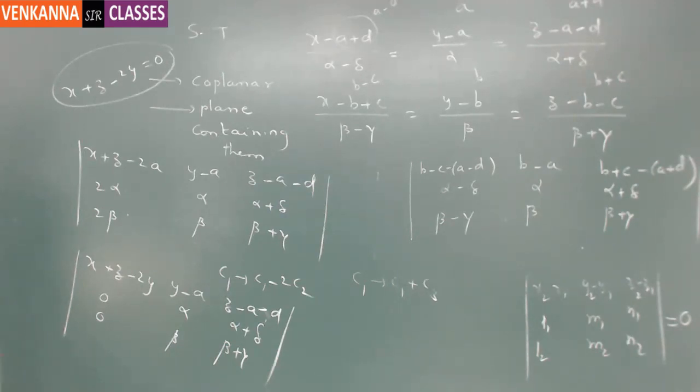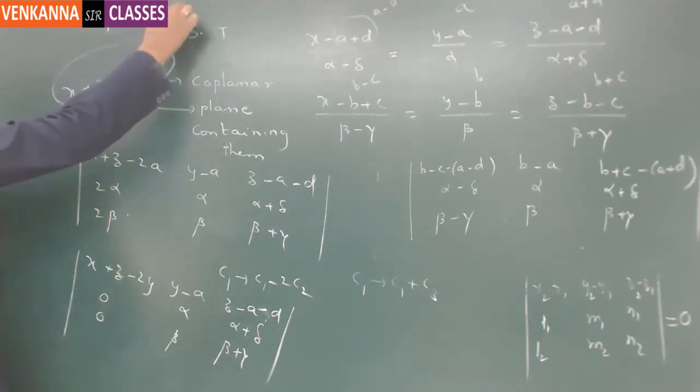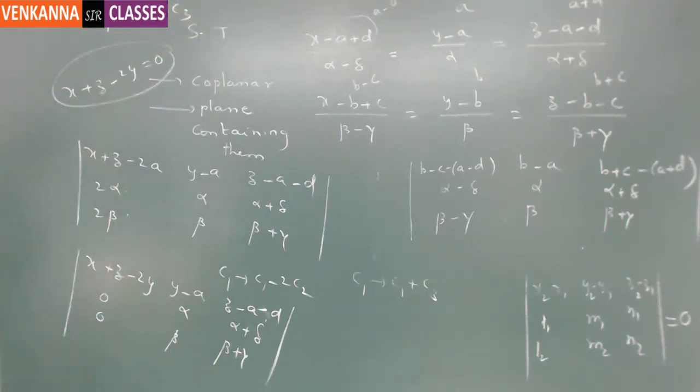Here, by determinant properties, two rows will be equal, so the determinant will be 0. Probably you can do the operation C1 tends to C1 plus C3.